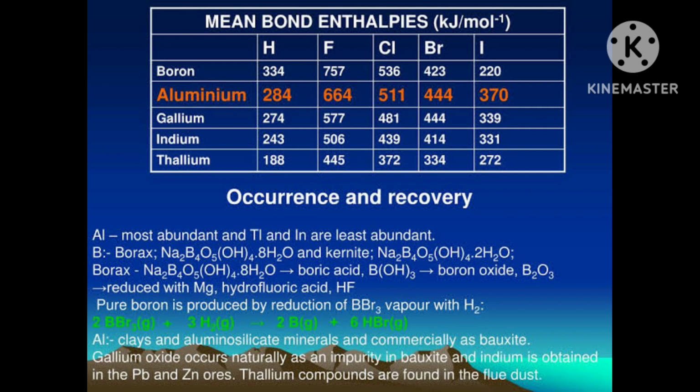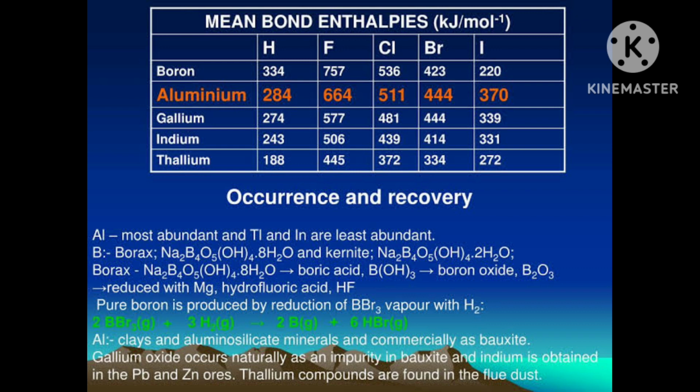Now the next property, the ionization enthalpy. The ionization enthalpy values, as expected from the general trends, do not decrease smoothly down the group. This should actually decrease, but it is not decreasing smoothly. The decrease from boron to aluminum is associated with increase in size.